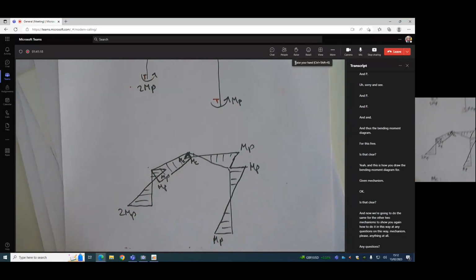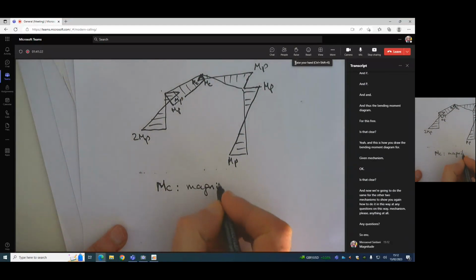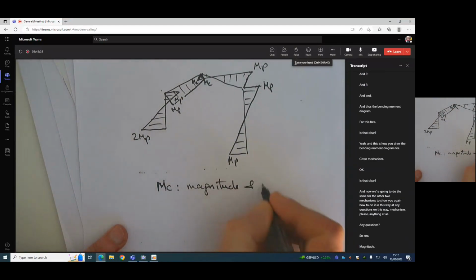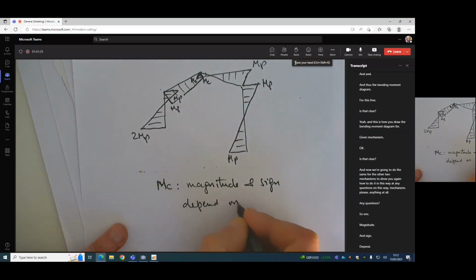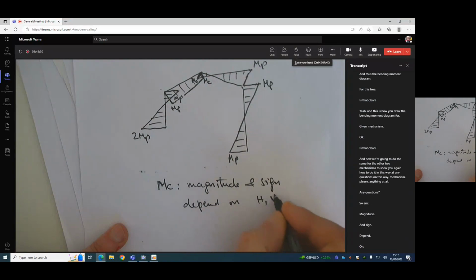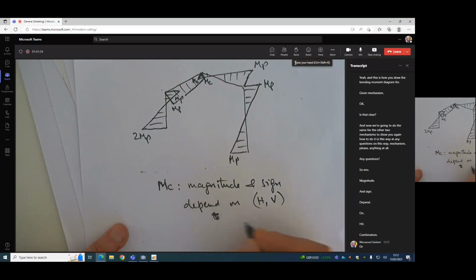So MC, magnitude, and sign depend on HV combination or HV values.